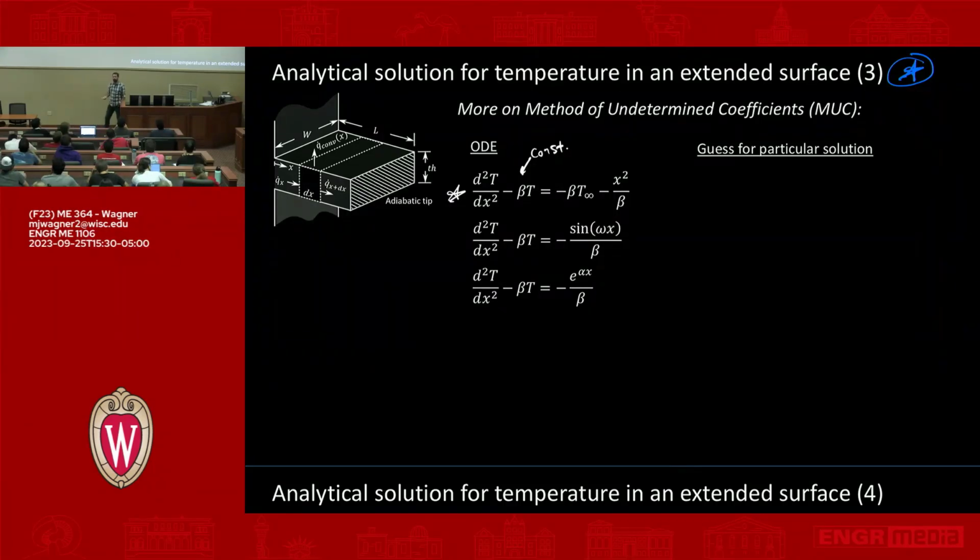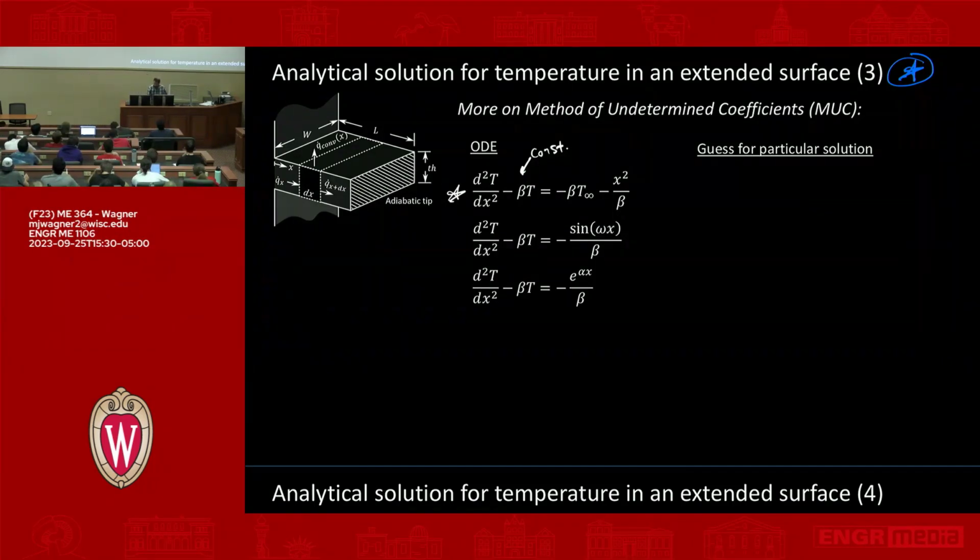So this changes our guess, right? We have to guess a little bit differently now. What we're trying to do is guess an equation that when you take the second derivative of it and you subtract beta times that function, it matches the right-hand side. Okay, so what would that be?